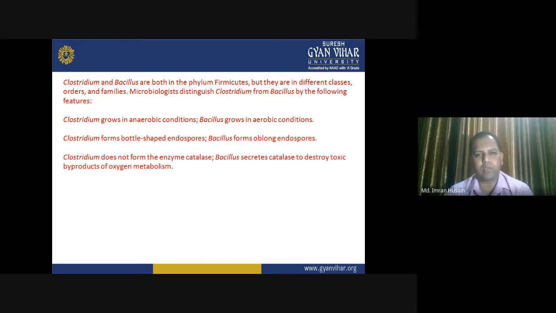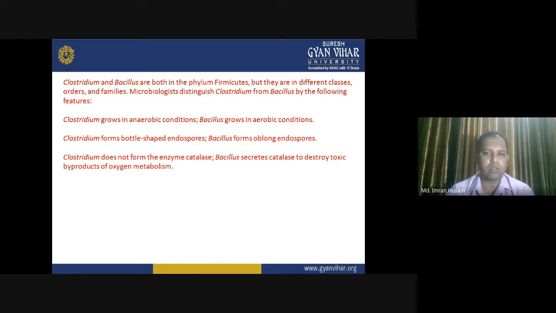So it never has to deal with the byproducts of oxygen, and it readily lives in an environment that is totally absent of oxygen.